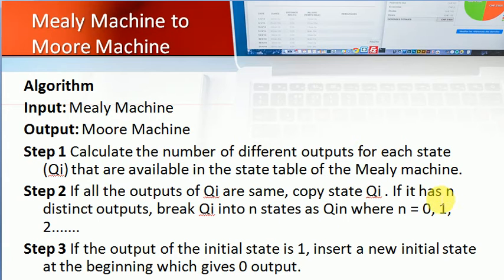If it has n distinct outputs, break Qi into n states as Qin, where n equals 0, 1, 2 and so on. Step 3. If the output of the initial state is 1, insert a new initial state at the beginning which gives us the output.